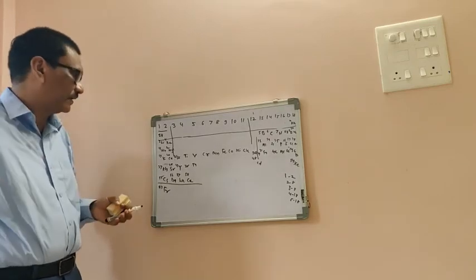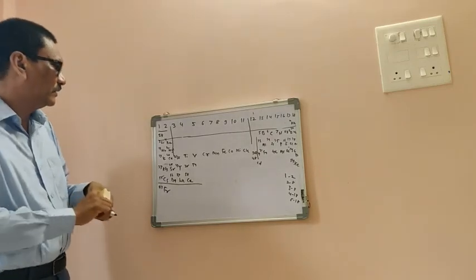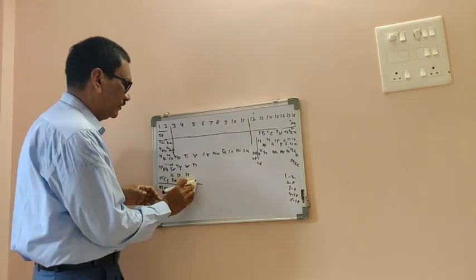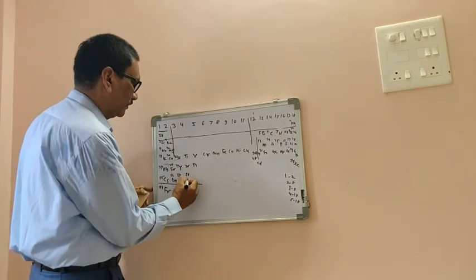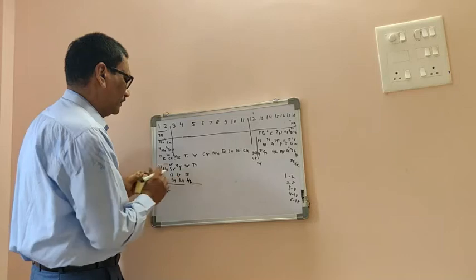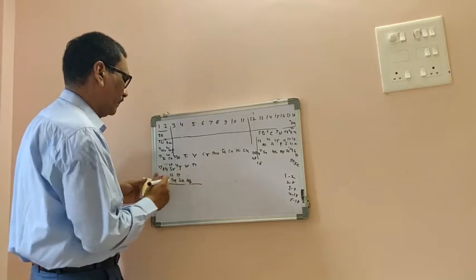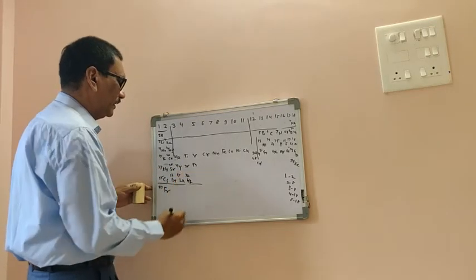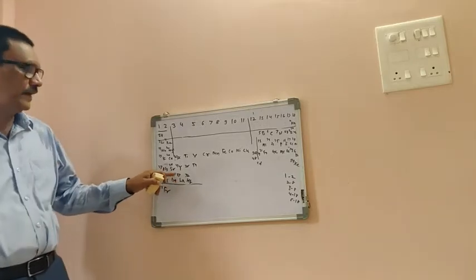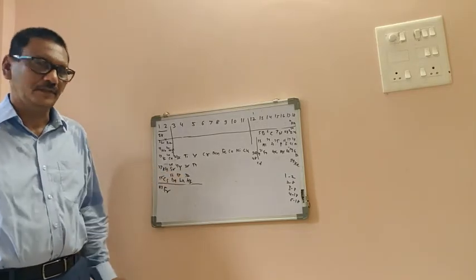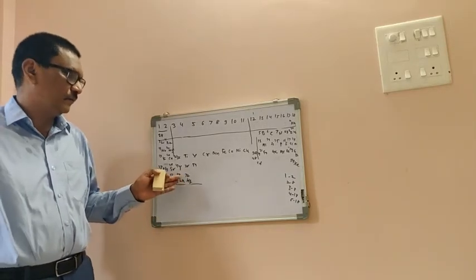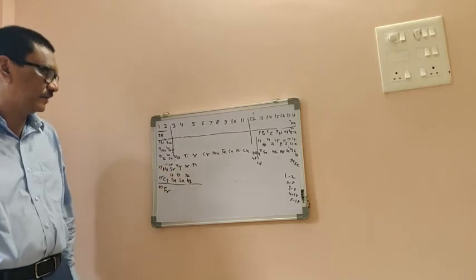Instead of that, hafnium is there, which has atomic number 72. That indicates that from 58 to 71, the elements are there, so where are those elements placed?